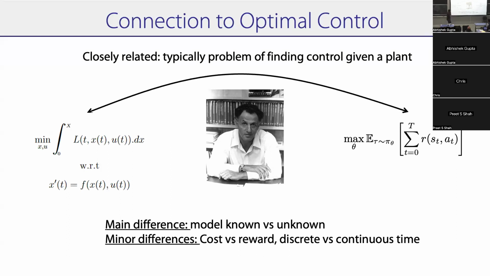But the main difference is that optimal control will assume that you know things about the model, like the functional form of the model and the gradients of the model, whereas typically in RL you don't assume that. One way of thinking about it is that optimal control is a much better optimizer, but RL is much more broadly applicable, at the cost of being a crappy optimizer. So it's not magic sauce, it's just changing the assumption.